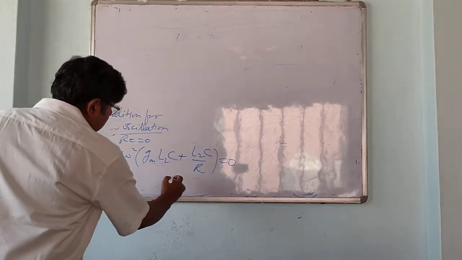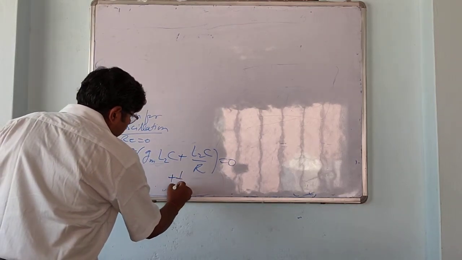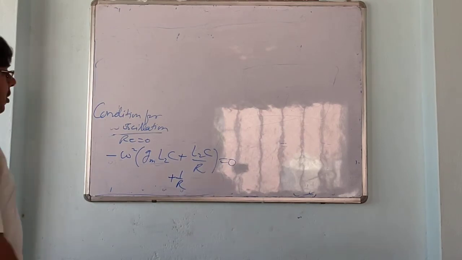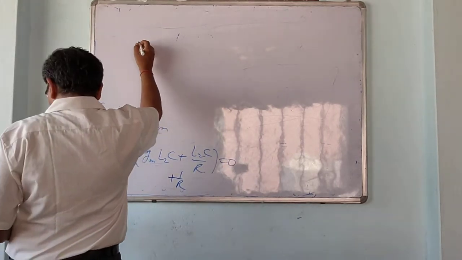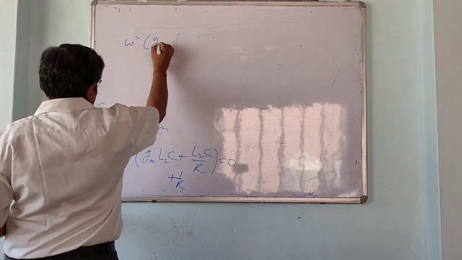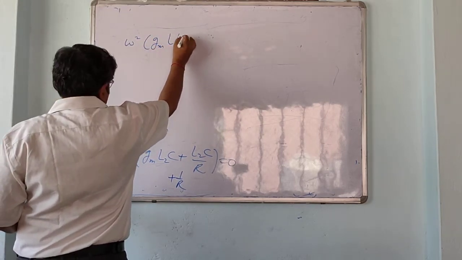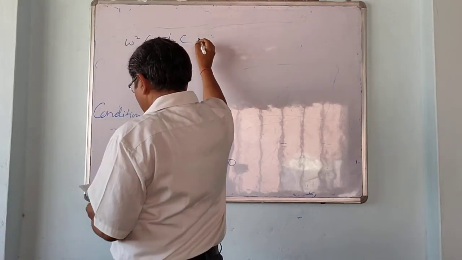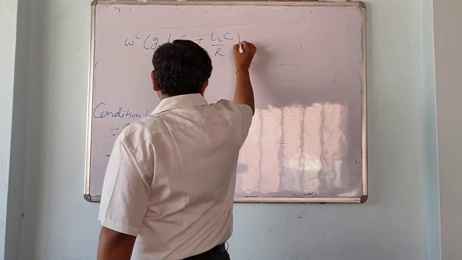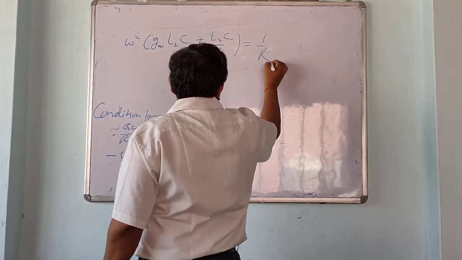One thing is missing, I think: in the real part we have 1 upon R also. So from here omega square Gm L2C plus L2C upon R is equal to 1 upon R.